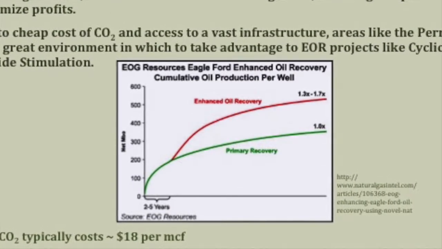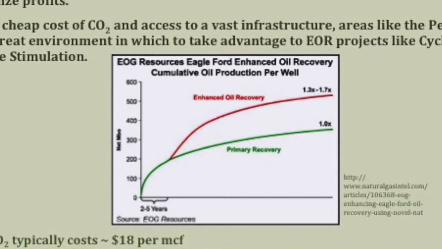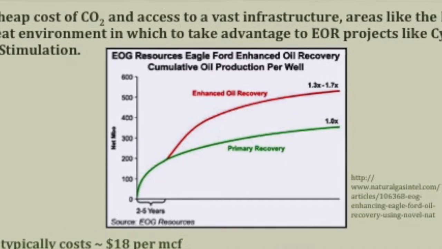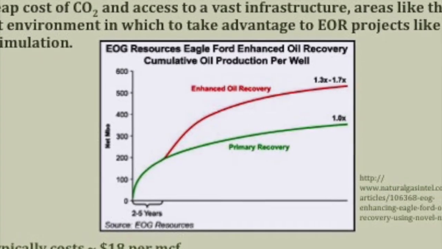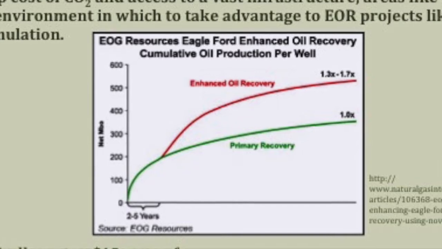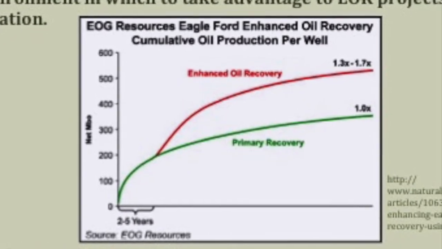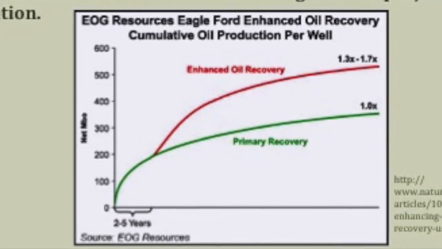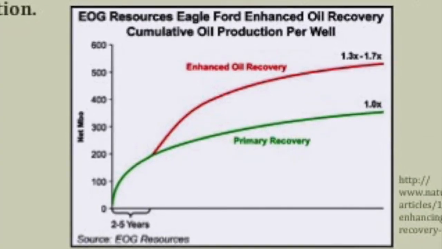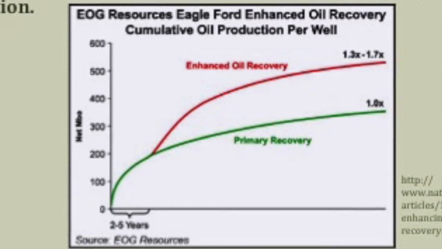Now, with the cost of CO2 typically around $18 per MCF and requiring a range of about 100 to 400 MCF per net foot of pay, we can get a general idea of how much CO2 is required for certain projects.